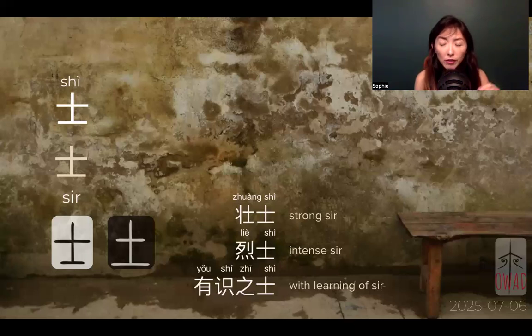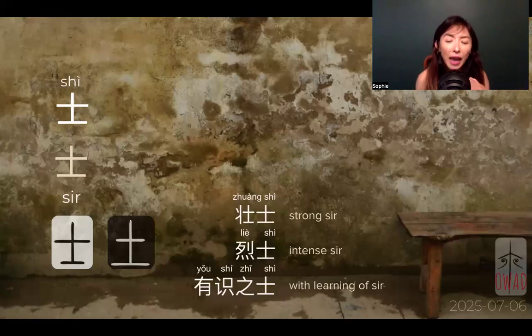So 士, then in Chinese, if I translate to sir, I guess that's my rough translation, also because the pronunciation is probably kind of similar, which helps memorization. But basically, it's a fully capable grown man. And in Chinese historical context, it's the lower rank official.